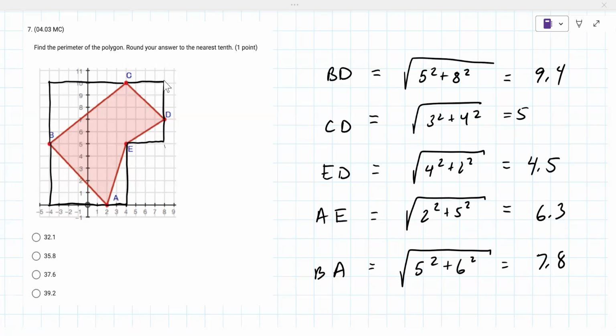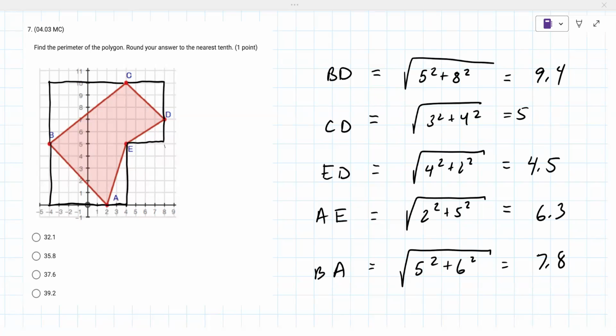Okay. 4 and 3. 4 and 2. 2 and 5. 5 and 6. Okay. Maybe I just added wrong. 5 squared plus 8 squared, square root of 8.